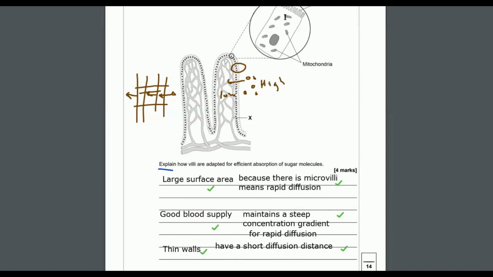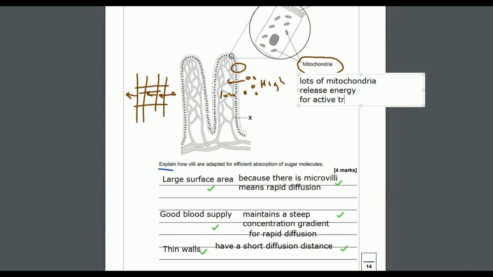If you look, they've really highlighted that there's mitochondria. Now, the exam board aren't just doing that for fun. They're giving you a clue. What is that for? So we'd say lots of mitochondria release energy for active transport.